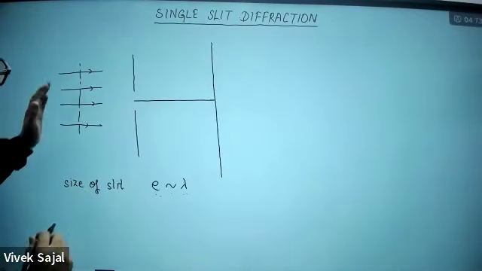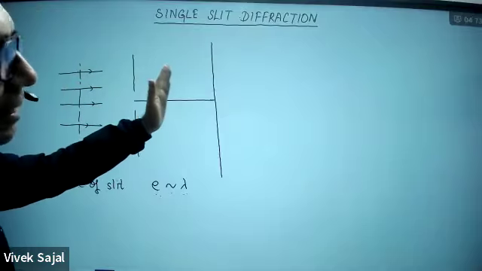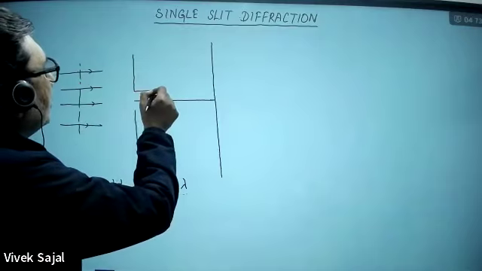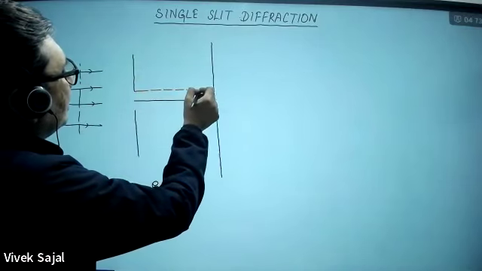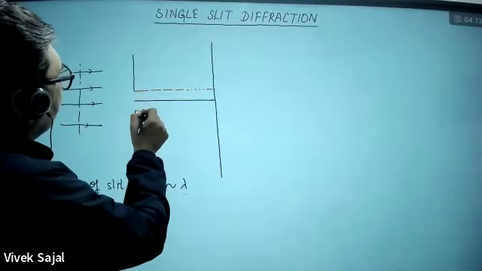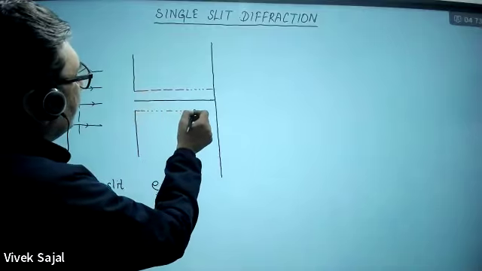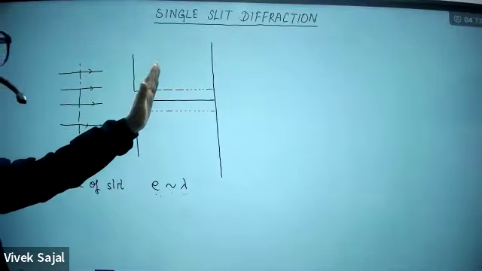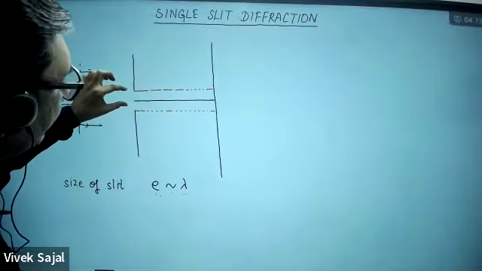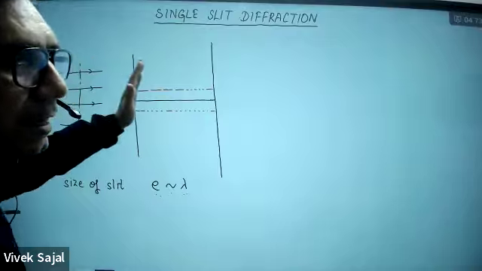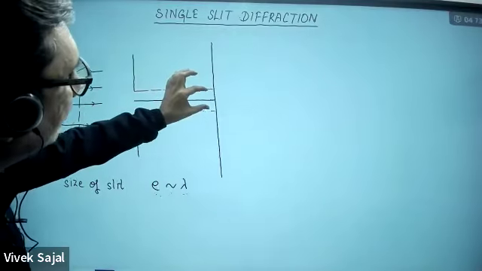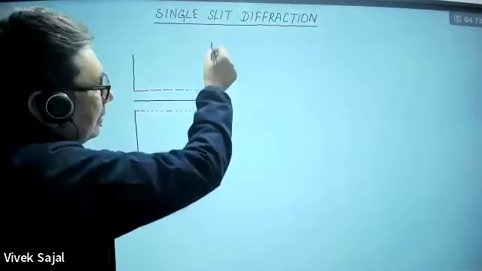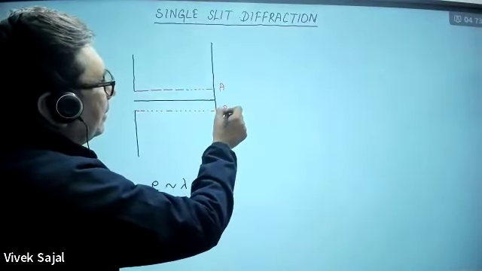If light is traveling in a straight line, then light should follow this straight line path, and it should enter only into this region. So if a planar wavefront is incident on the slit and the light is undergoing rectilinear motion, then it should illuminate this screen in between A and B.